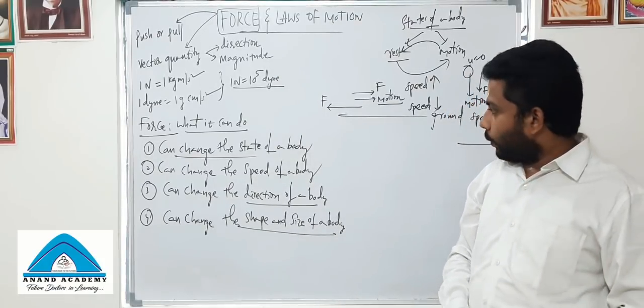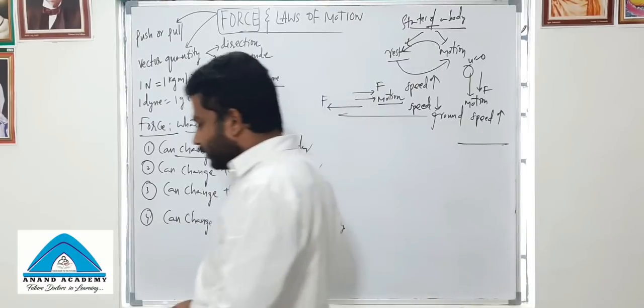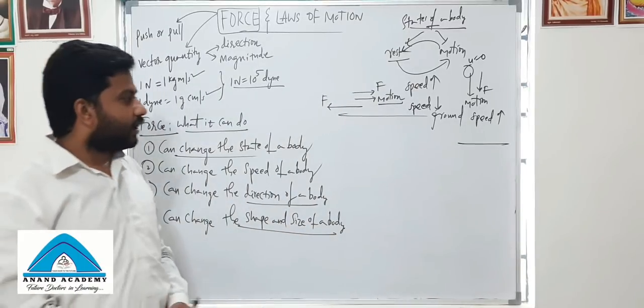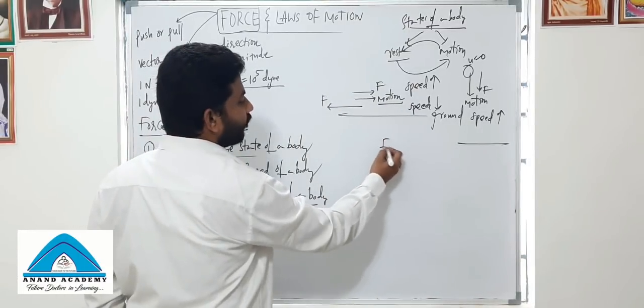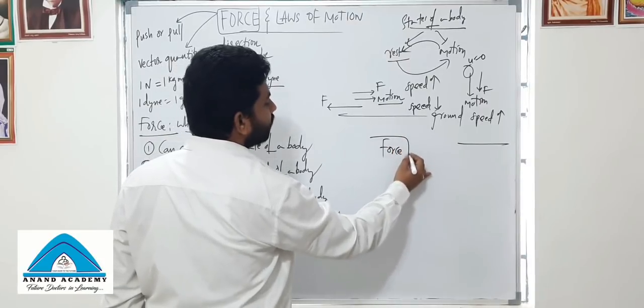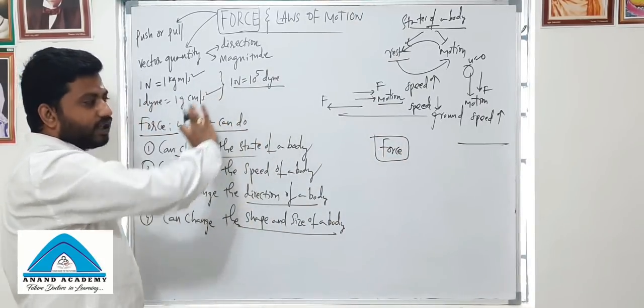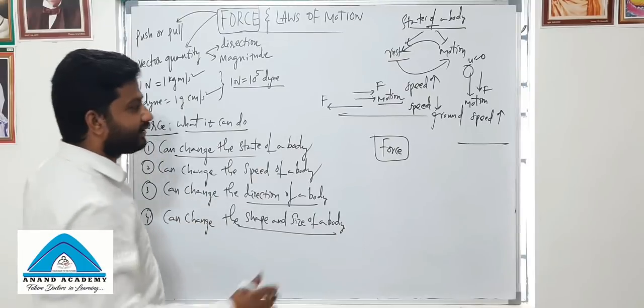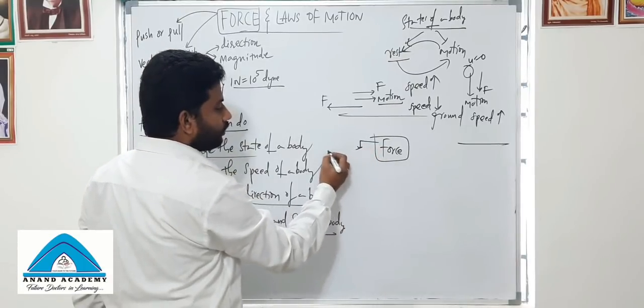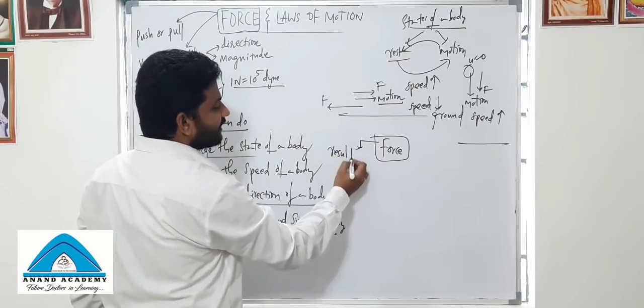Right? Now, look at the interesting part here. About three things we are going to discuss related to the force, after the concept called force, what it can do. About three important things. Number one, the concept called resultant force.